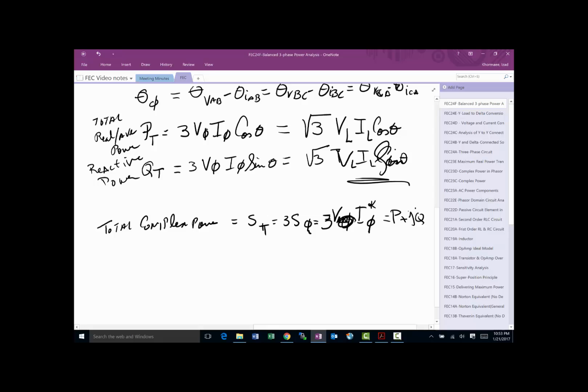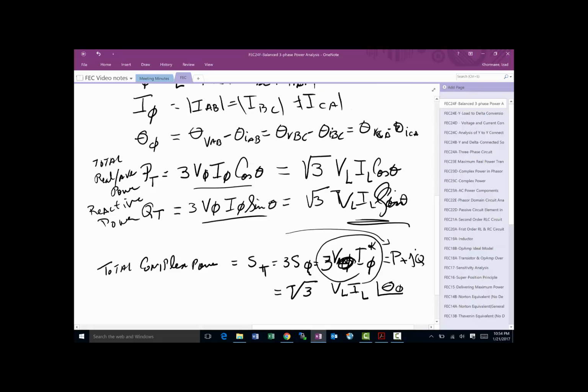So there are multiple ways of getting to the total power, either by individually calculating these two and plugging them in here, or by directly applying the values. Sometimes you may also see this written as square root of 3 V L I L at an angle of the difference between V and I. There are lots of formulas here.